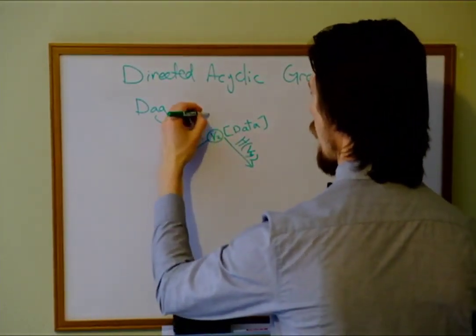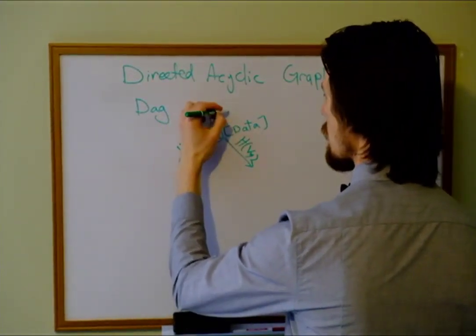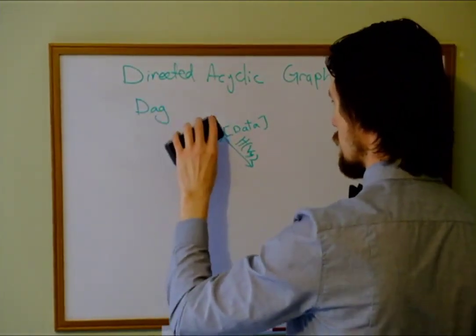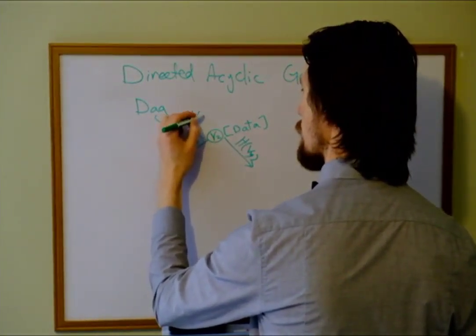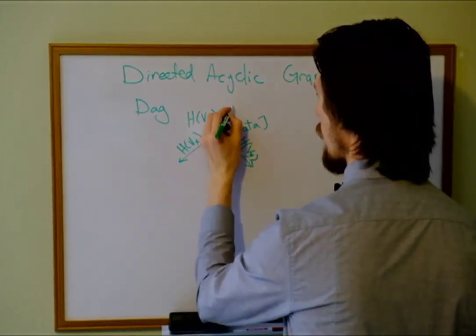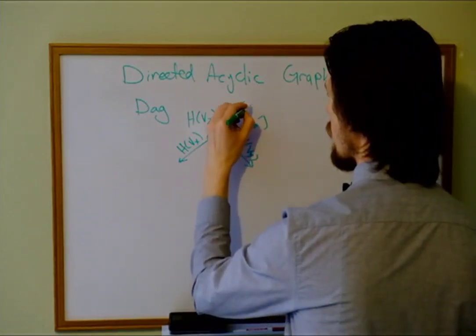And the hash of vertex Z includes the hash of the VZ data.